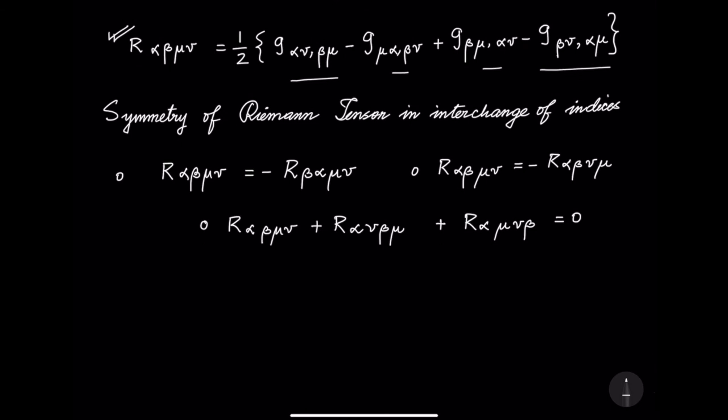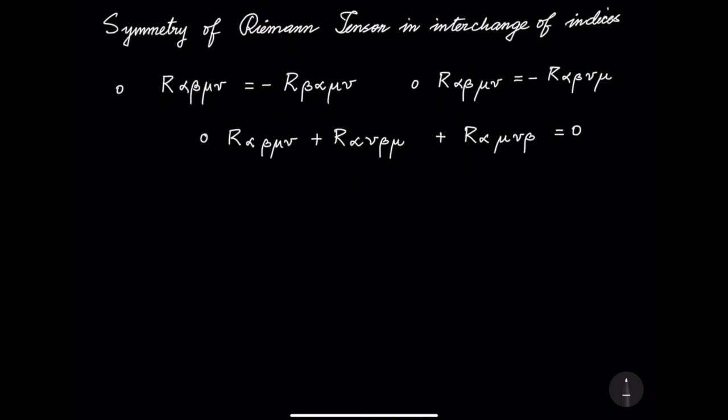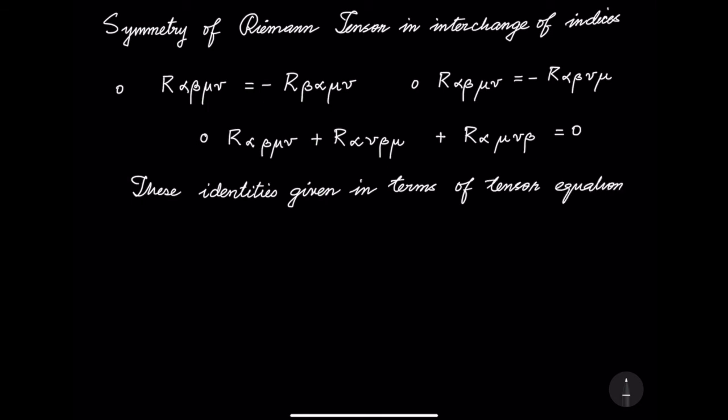But the interesting thing is, once you verify them, these three, what I have written down here, are tensor equations, which essentially means though they are verified through the local inertial frames, these identities, given in terms of tensor equations, are valid in all reference frames.